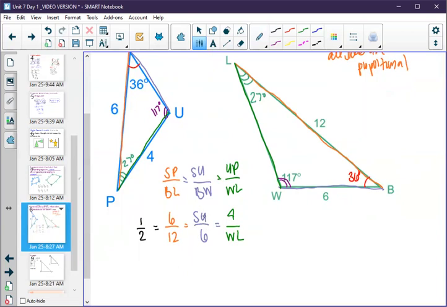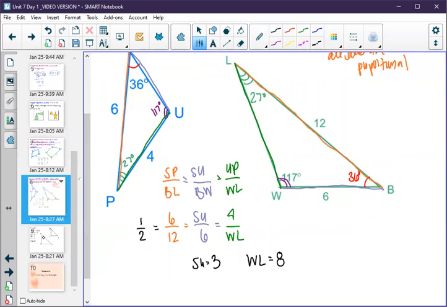So if SU over 6 has to reduce to 1/2, that means that SU has to be 3 because 3/6 reduces to 1/2. If I know 4/WL has to reduce to 1/2, I know WL has to be equal to 8.